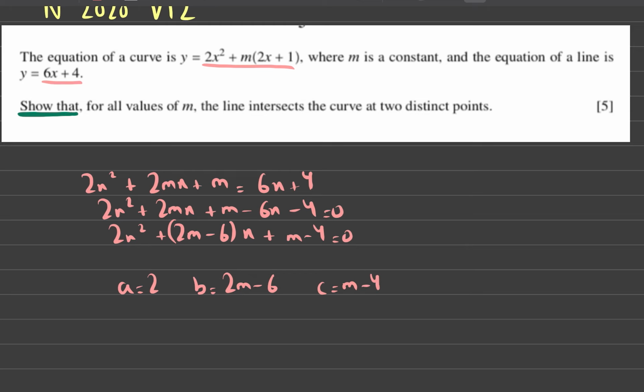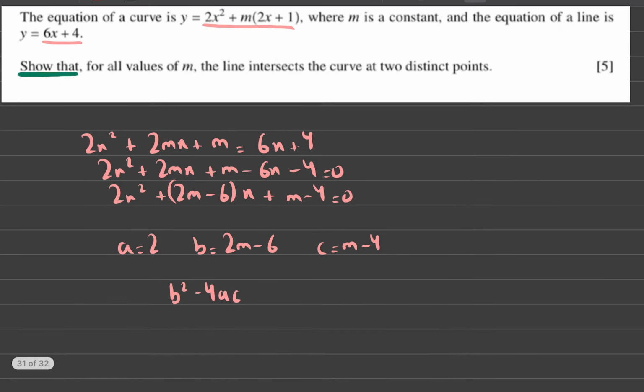M minus 4. So at two distinct points, it's what? B square minus 4AC greater than 0. Okay, so what's B? 2m minus 6 whole square minus 4 into what's A?